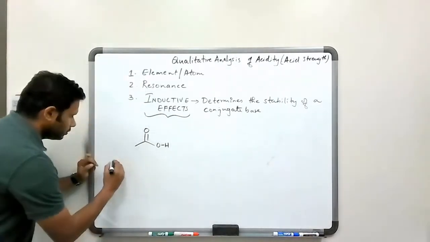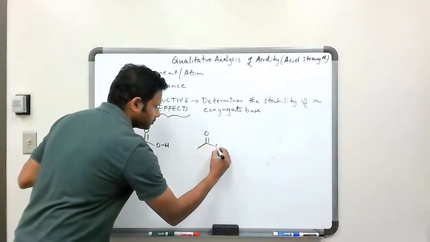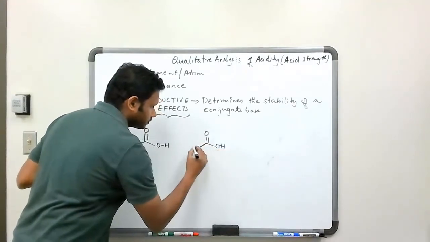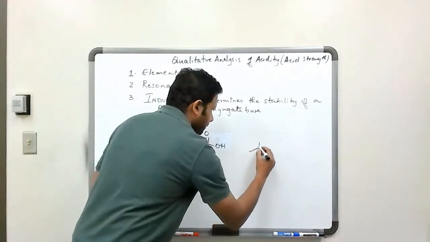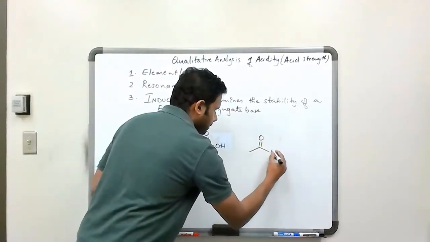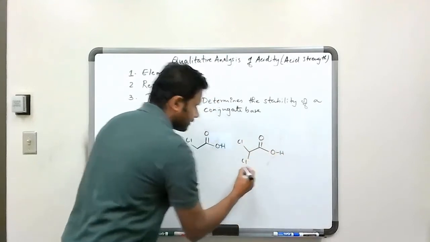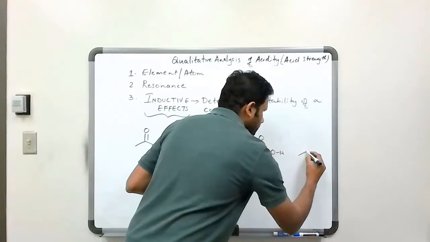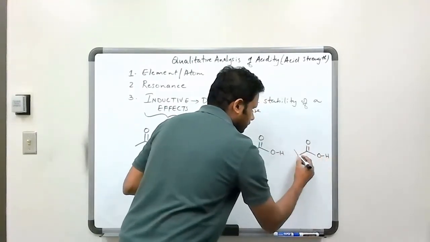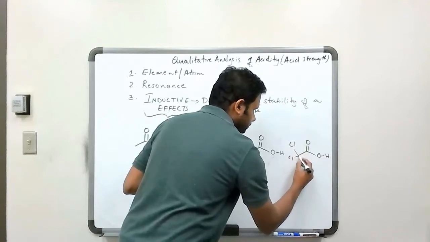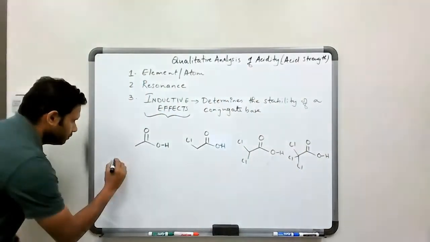And let's finish drawing all the structures maybe. We have one chlorine, two chlorines, and we have a structure with three chlorines.